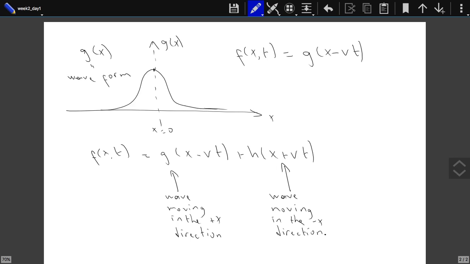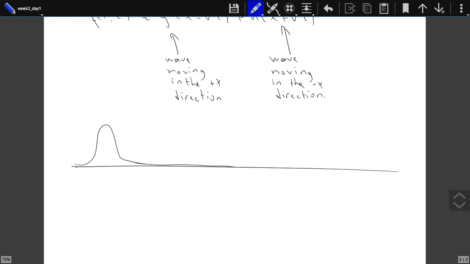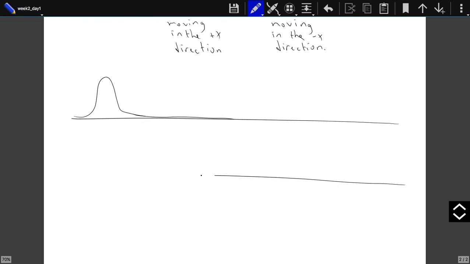So, for example, I have a very long string. I have a wave solution that has this shape. This is one solution. I have another solution that has this shape. It looks completely different. It can be a different time. It can be identical but a different system.